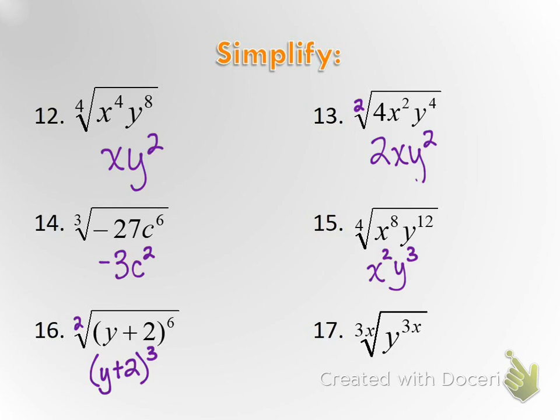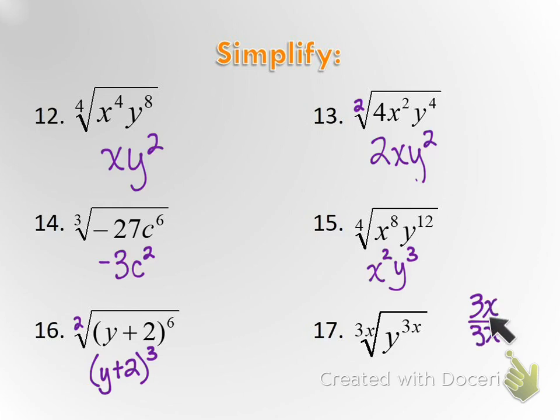Does anybody think they have an answer for 17? Charles, what do you think? Sadia, do you have another answer? y. Just y. Okay, so if we're using the whole division thing, we're taking our whole exponent divided by our whole index. Our exponent is 3x and our index is 3x.